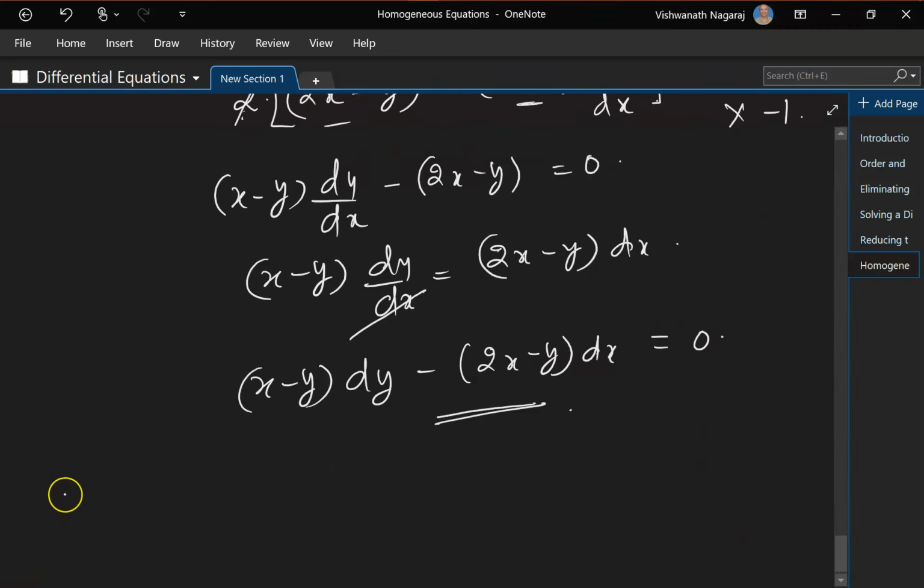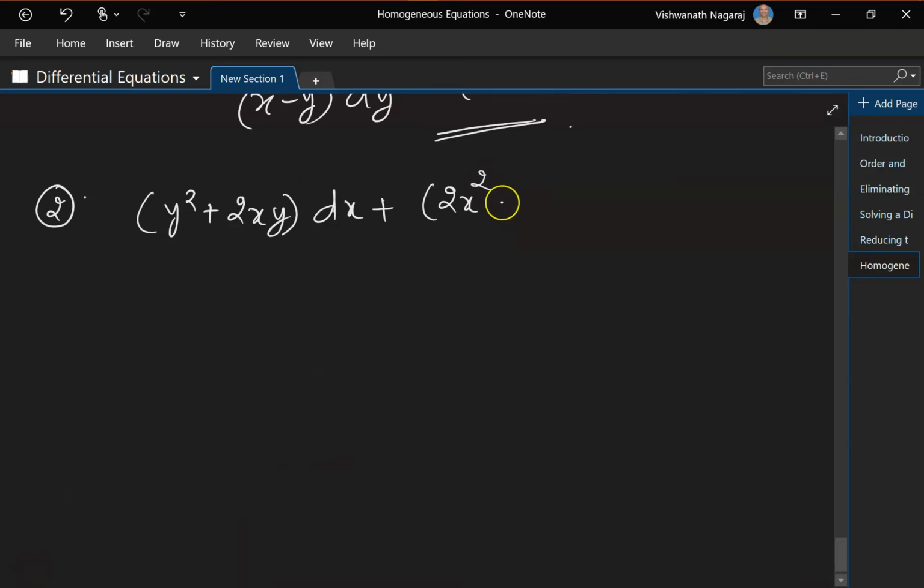Let's solve another problem. Let's say we are given the differential equation y square plus 2xy dx, 2x square plus 3xy dy equal to 0. Okay, let's get this.